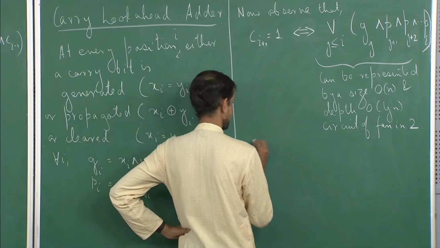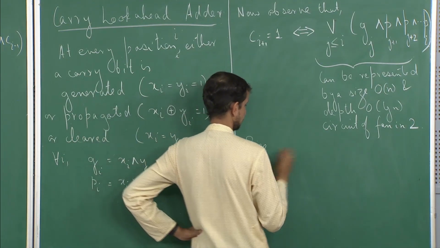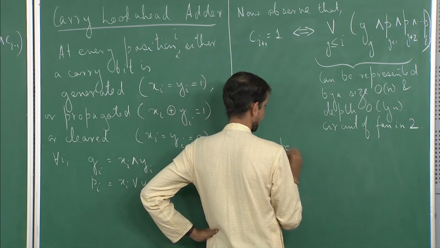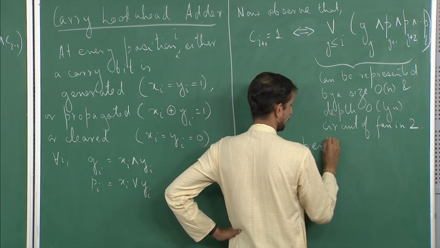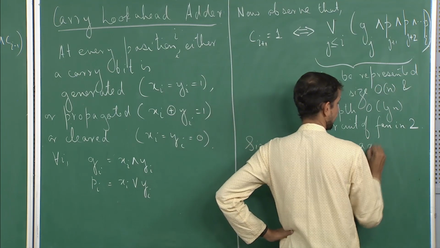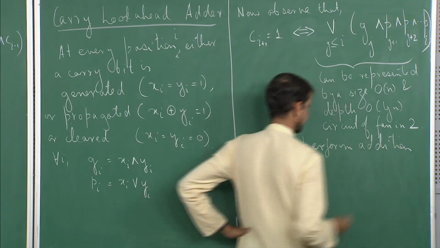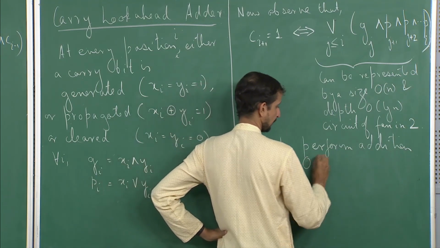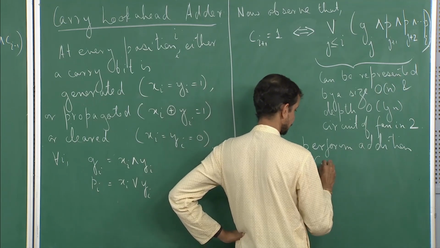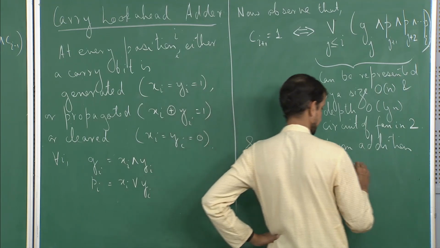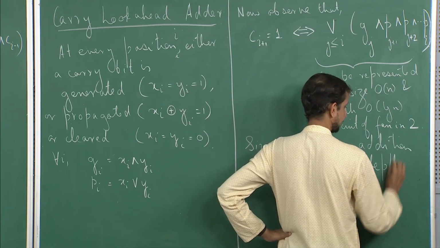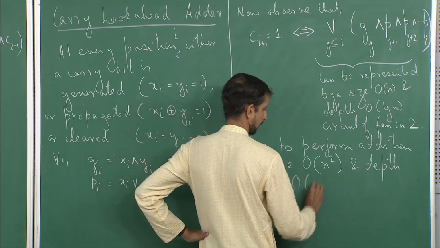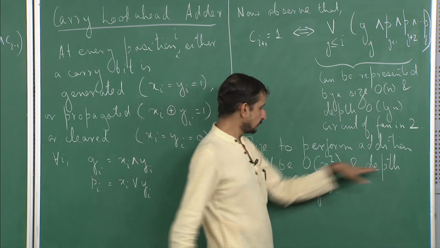So, the depth is order log n. So, the size to perform addition will be order of n times n, so it will be order n square, and depth will still remain order log n. So depth is in fact optimal.